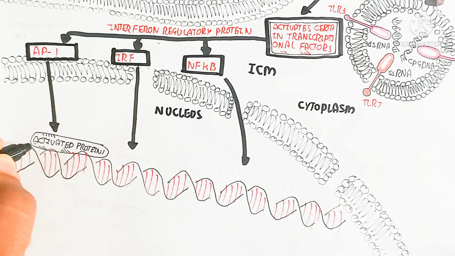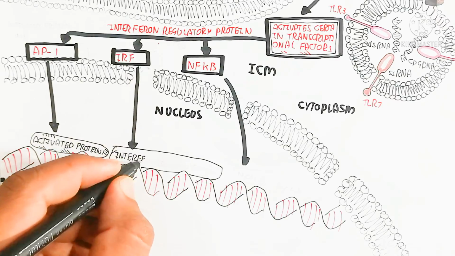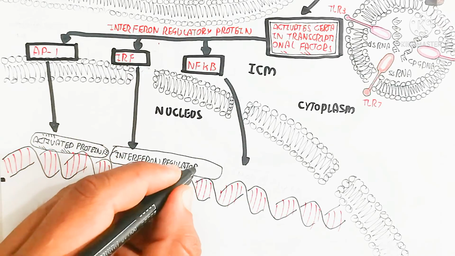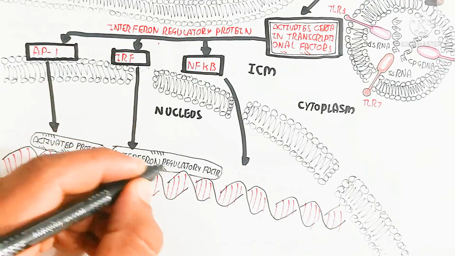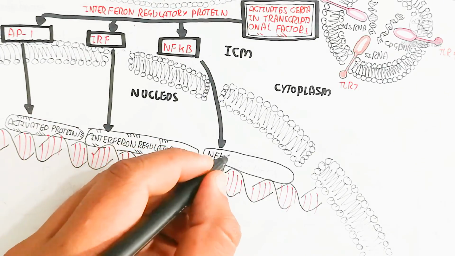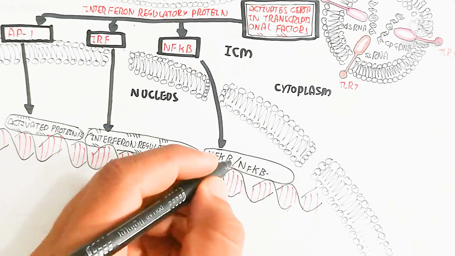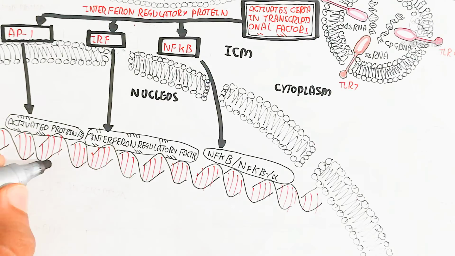The activated protein 1, interferon regulatory factor and nuclear factor kappa B will be transcribed into messenger RNA, and this messenger RNA will move into the cytoplasm.